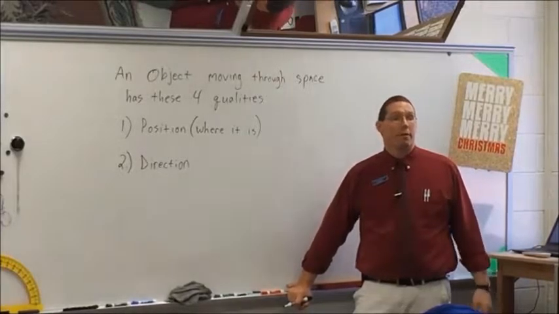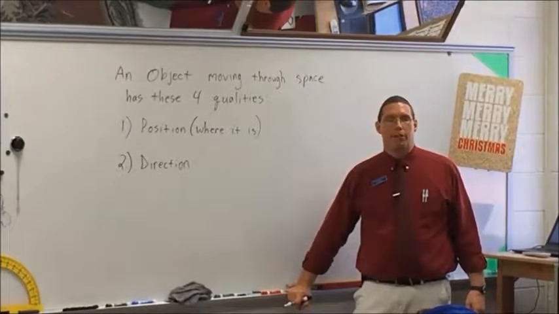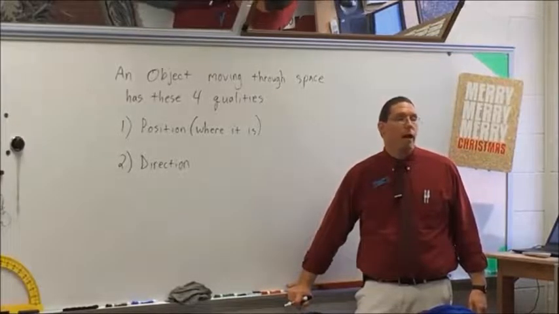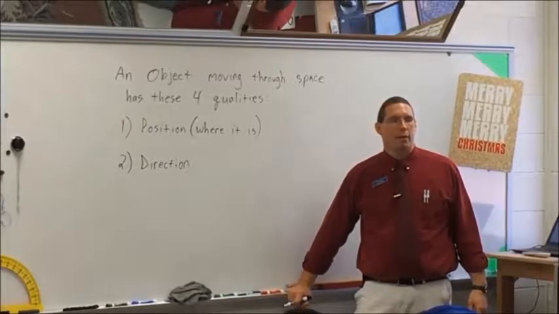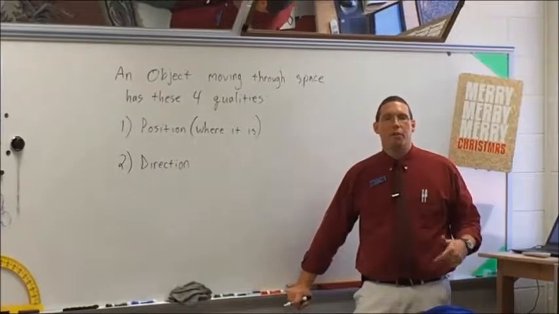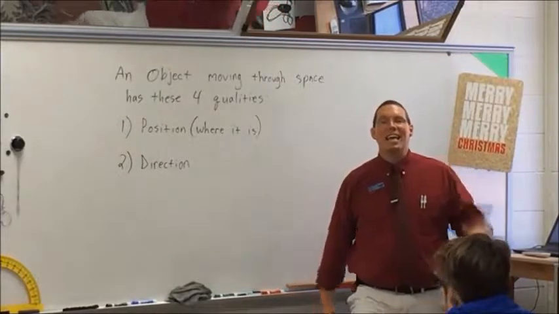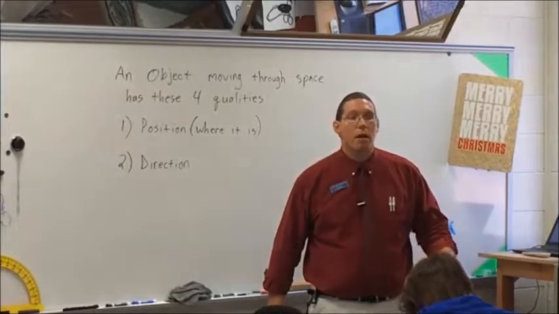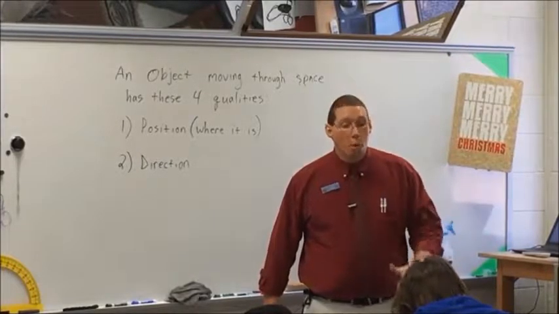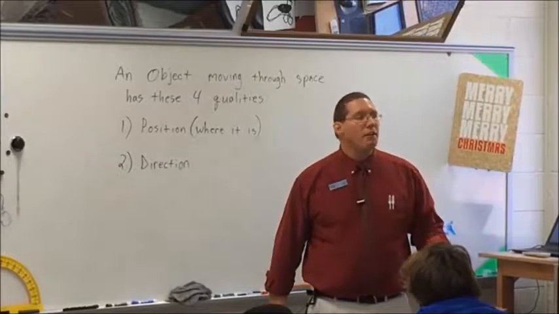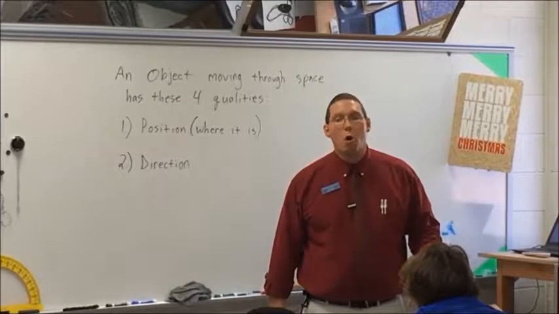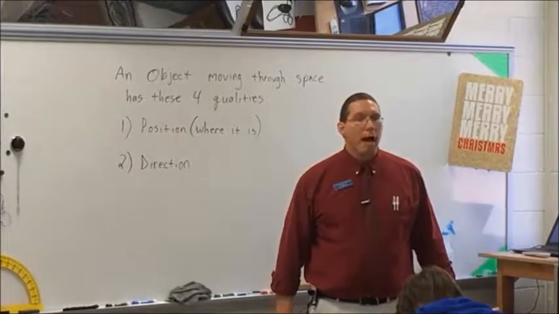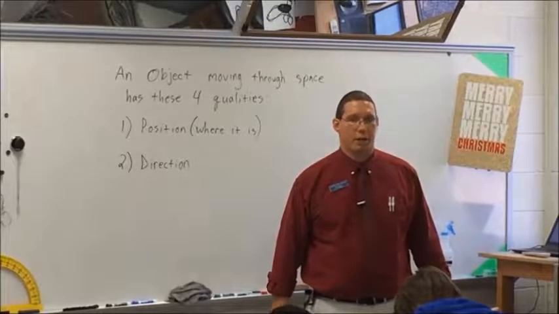Left is a direction. Up is a direction. Down is a direction. Forward is a direction. Backward is a direction. All objects moving through space have a direction, even if that direction is no direction. An object can have no direction.